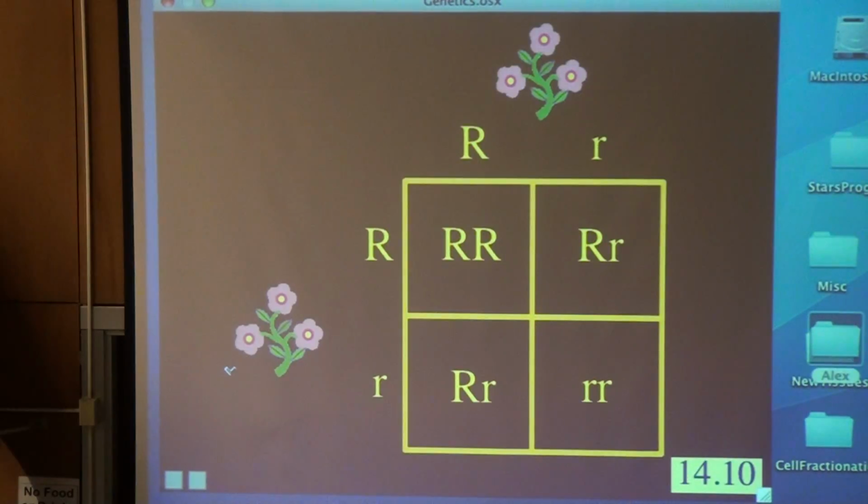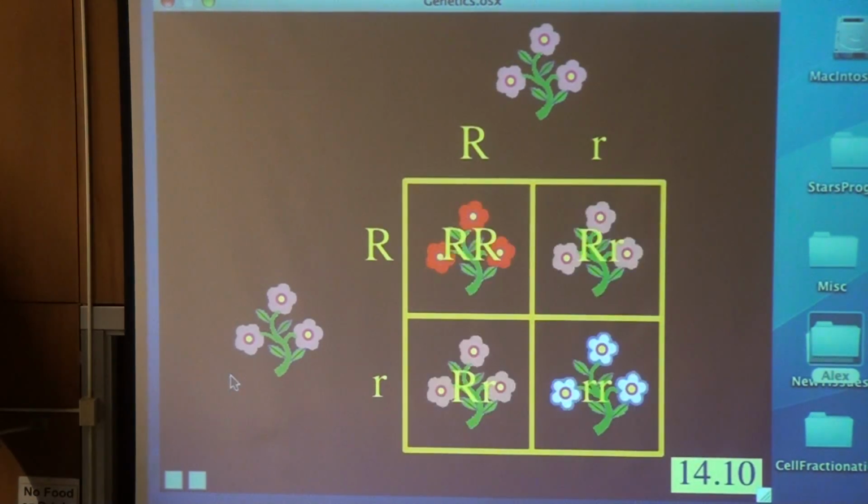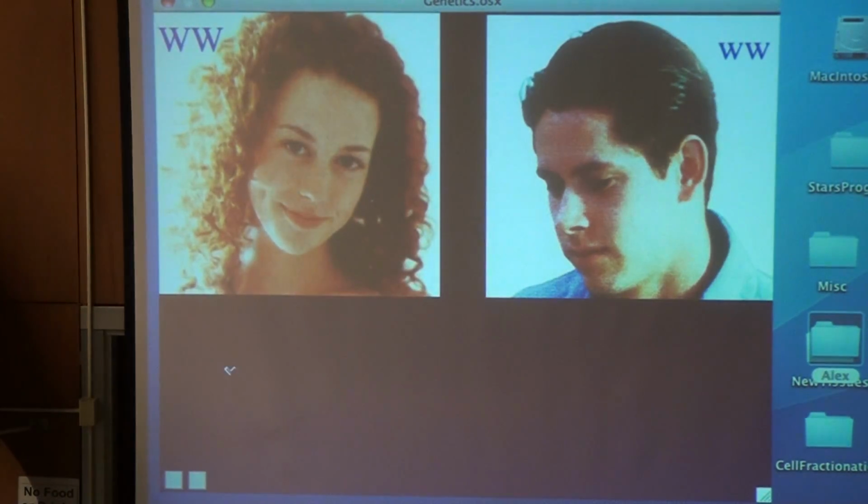Here's another example of incomplete dominance. Oh, there's the flowers. In human beings, there's a protein that causes the hair to have a curly shape. It's called the W protein, and it's dominant.